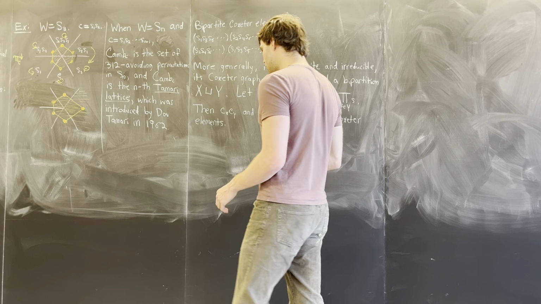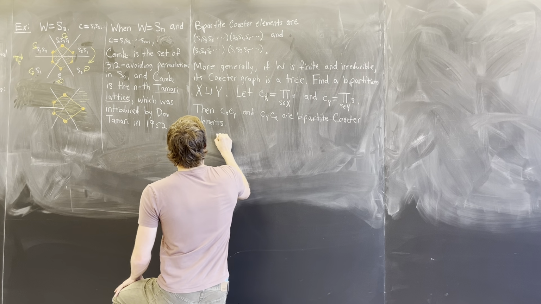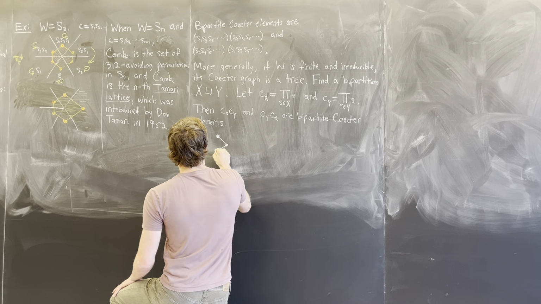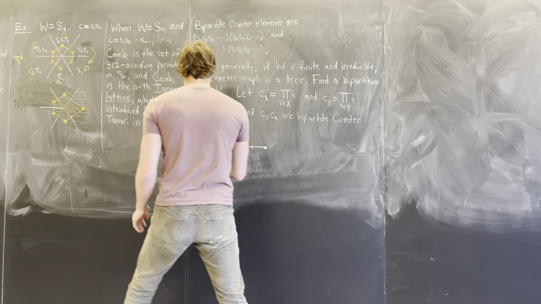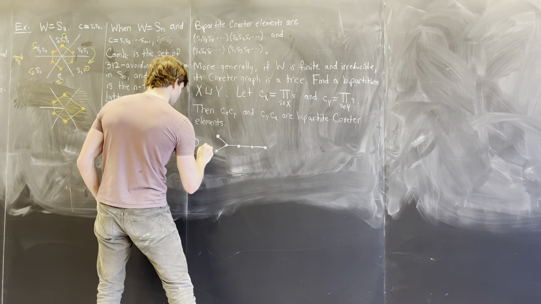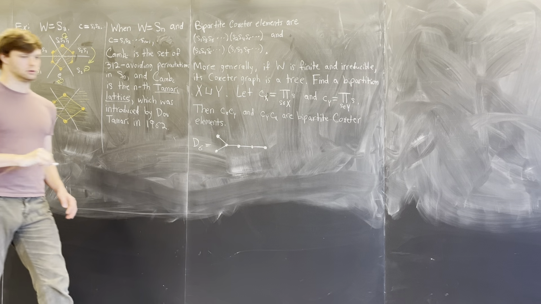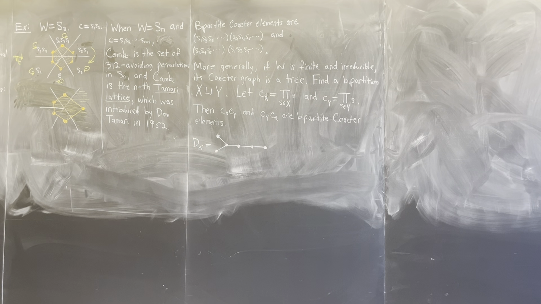So as an example, if I wrote down, I don't know, D6. So this is D6. And if I want to do my bipartition, I get two colors.